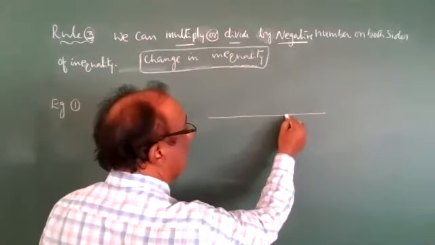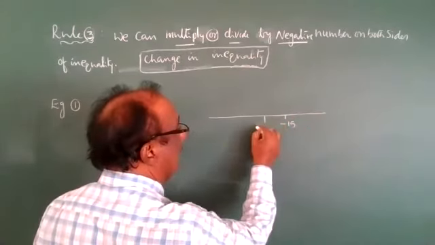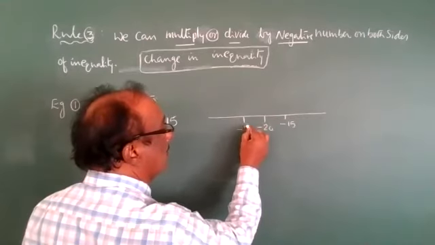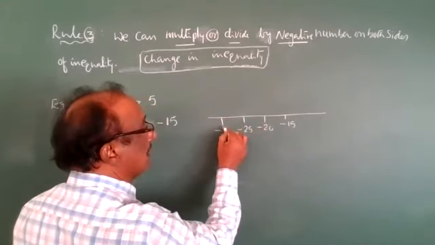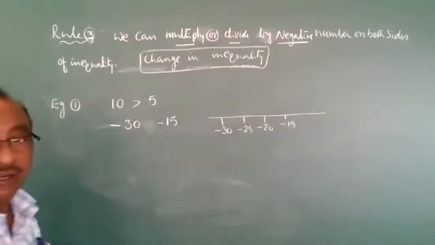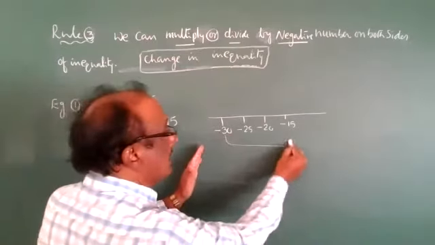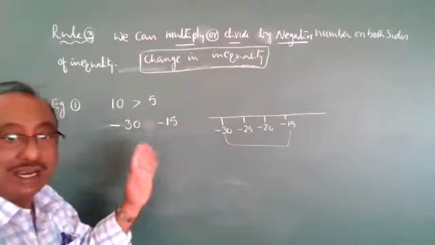See, minus 15, minus 20, minus 25, minus 30 is the negative side, the left side. Minus 15 is the right side, minus 30 is the left side.